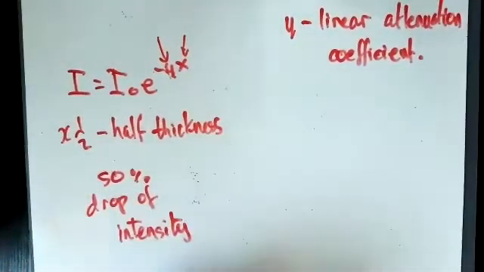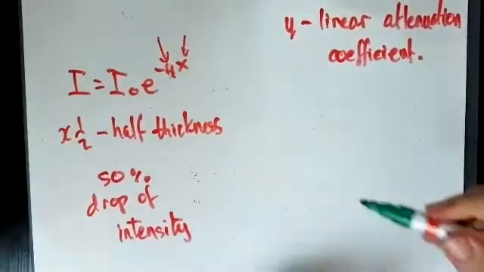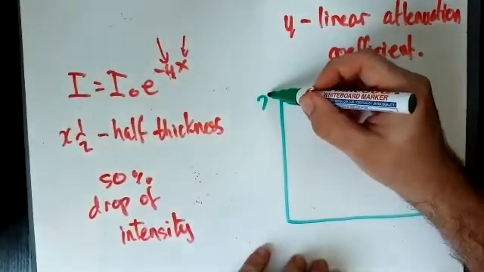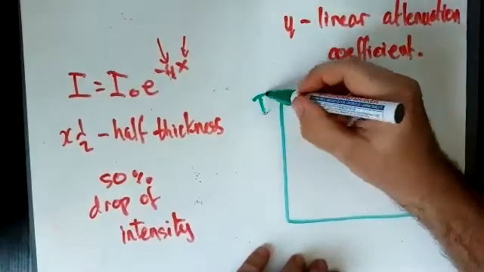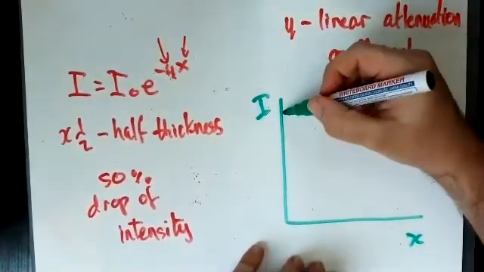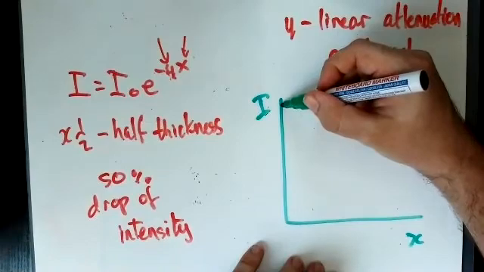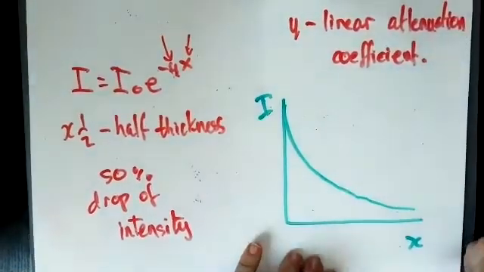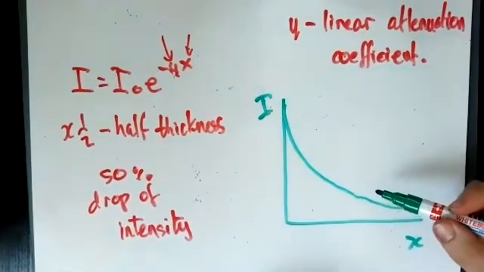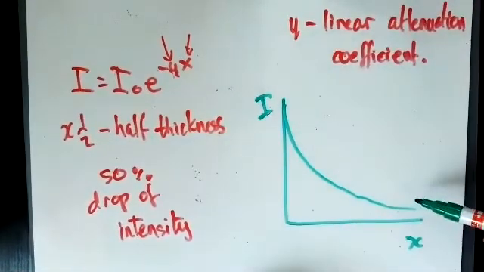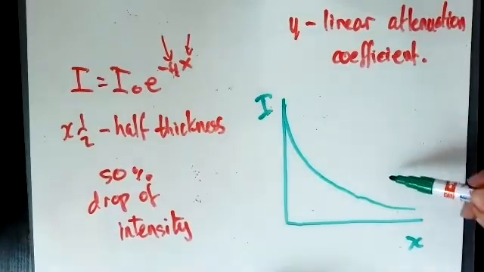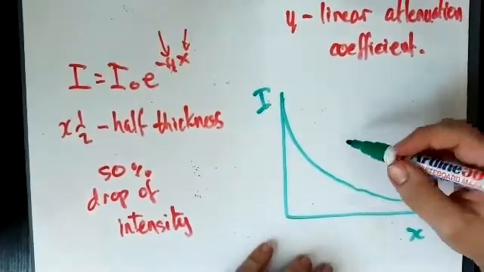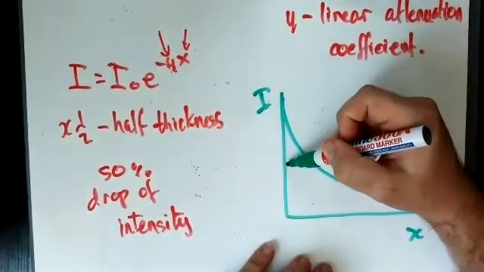So for the purposes of seeing this graphically, you will see here that you have the intensity and your thickness on this side. If you were to measure over an amount of thickness of a specific material, you get a graph like that. And again, we've seen graphs like this, a negative exponential decay function, which allows us to effectively show the half thickness.